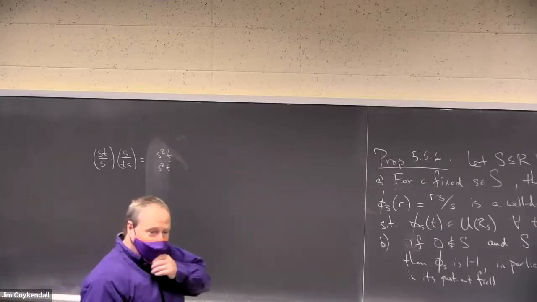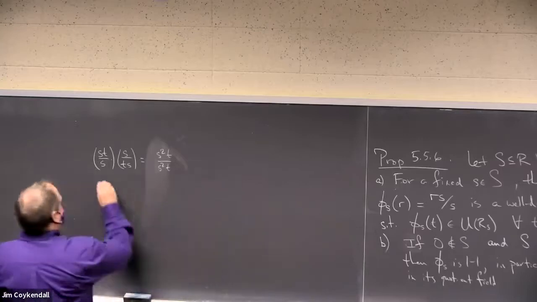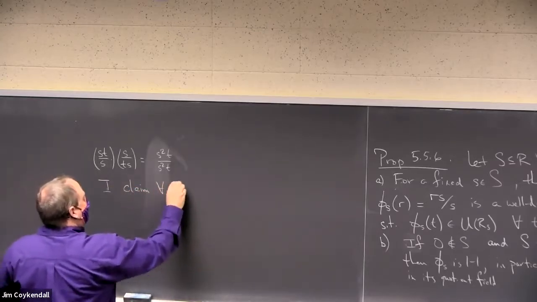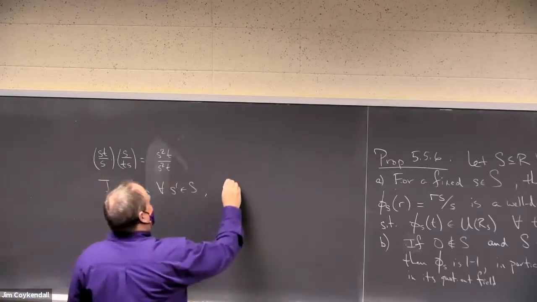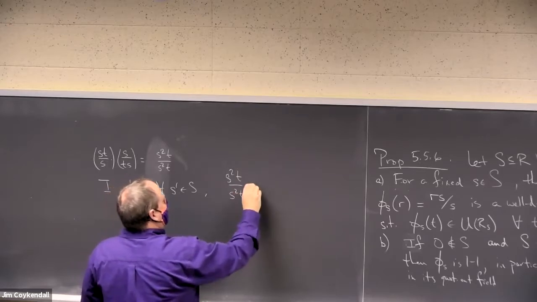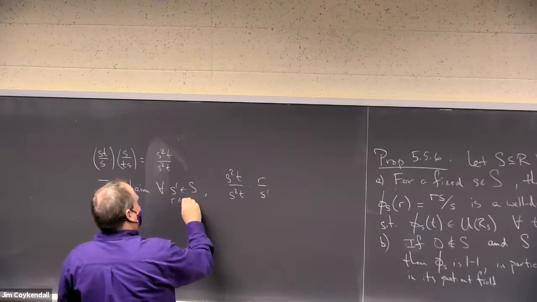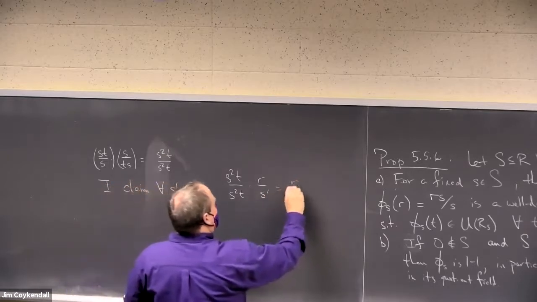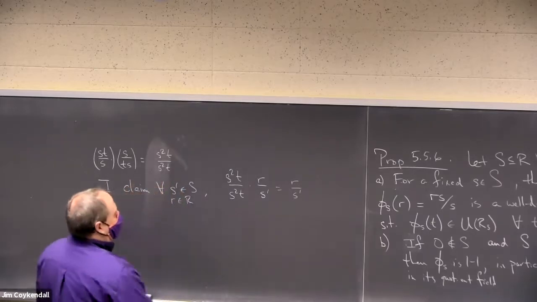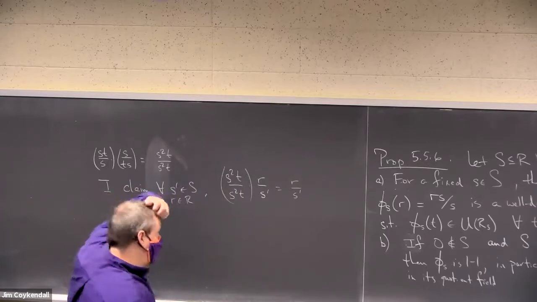Now all I have to do is show that this is the identity. So I claim for all S prime, S squared T over S squared T times R over S prime all over S prime equals R over S prime. That's what it means for that function to be the identity.